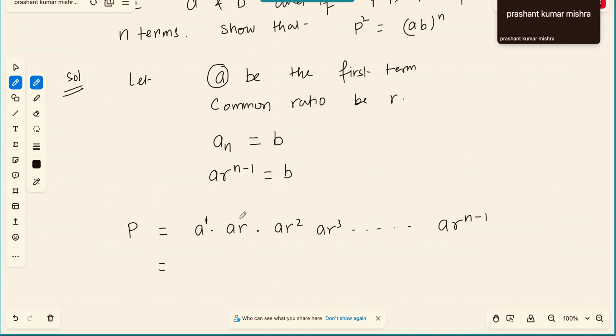Because it is multiplication, we can add the powers. The powers of A are 1, 1, 1, so it will be A raised to the power n, times R raised to the power 1 plus 2 plus 3 and so on up to n minus 1.